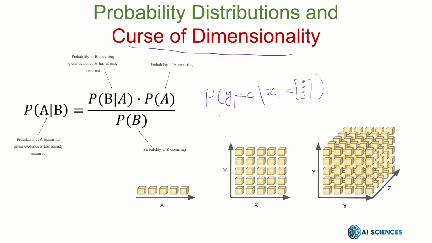So one way or the other, every regression model or classification model is going to estimate this probability. What is the probability that my target is C when I am given this particular example or the feature vector data?